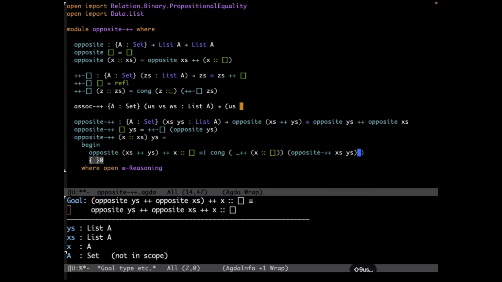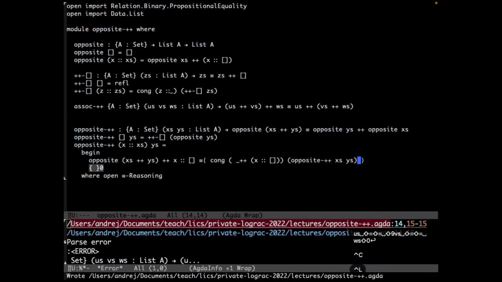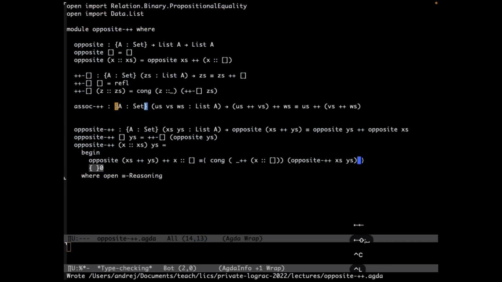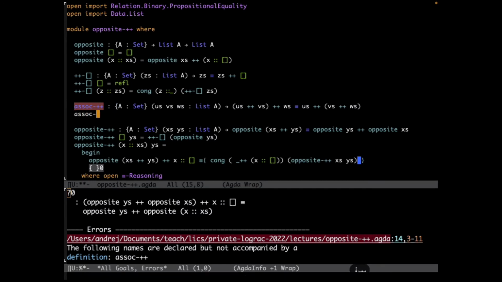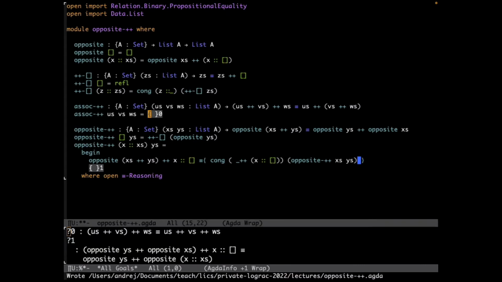Let's do this right, this way. us plus vs plus ws is us plus vs plus ws, colon, okay, so us, vs, ws equals question mark.